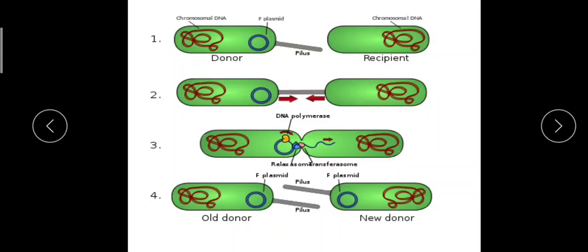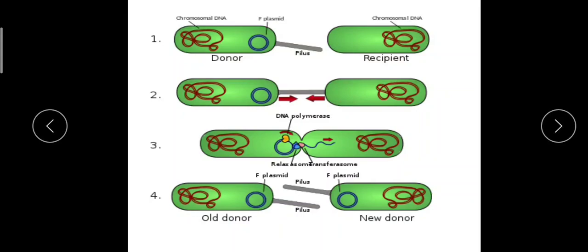The main function of the sex pili is to hold the recipient cell in close contact with the donor cell. We have gone through the details of sex pili, so I don't think I have to repeat them here.